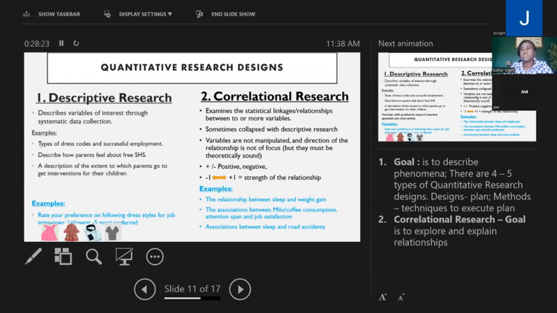And descriptive research focuses on broadly looking at patterns. For example, if you do not know much about an area, the quantitative research might be the first step to learn more about ways in which participants describe the phenomenon of interest.